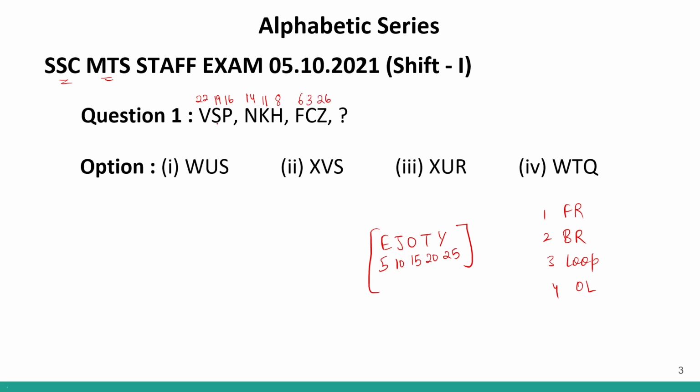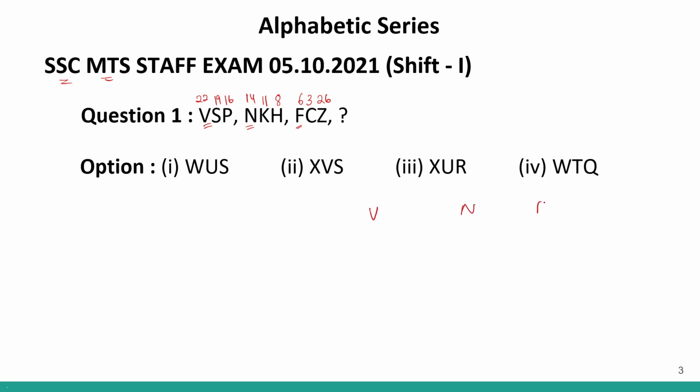So now I will look at the first element, that is V, N and F. From V to N to F, V is 22, this is 14 and this is 6. So over here I am doing a minus, how much? Minus 8 to get over this, correct? And from 14 to 6 also I am doing a minus 8. Then I am getting 6, correct? So from here also I will do a minus 8.